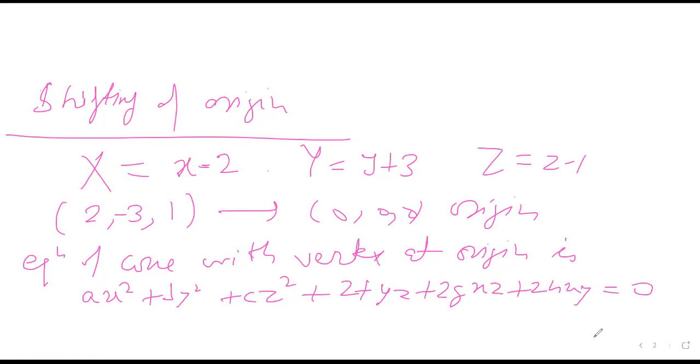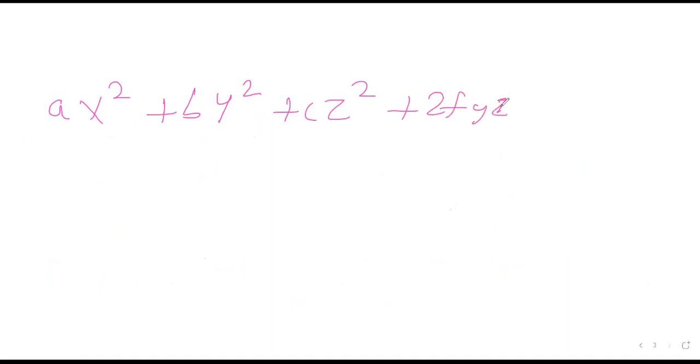So I will use the same equation in the new coordinate system. My equation will be aX square plus bY square plus cZ square plus 2fYZ plus 2gXZ plus 2hXY equals 0.